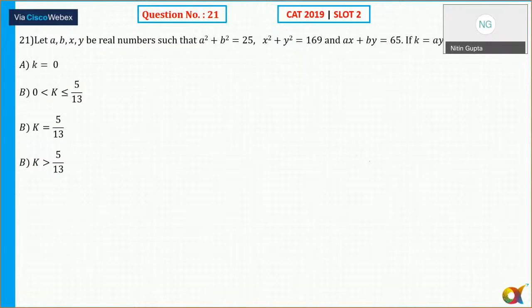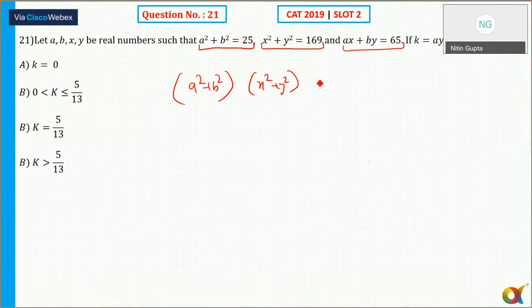Okay. Now, let's move here. So a square plus b square equal to 25 plus y square equal to 69, and this is a very standard formula that a square plus b square into x square plus y square is always equal to ax plus by whole square plus ay minus bx whole square. That's it. So this is 25.